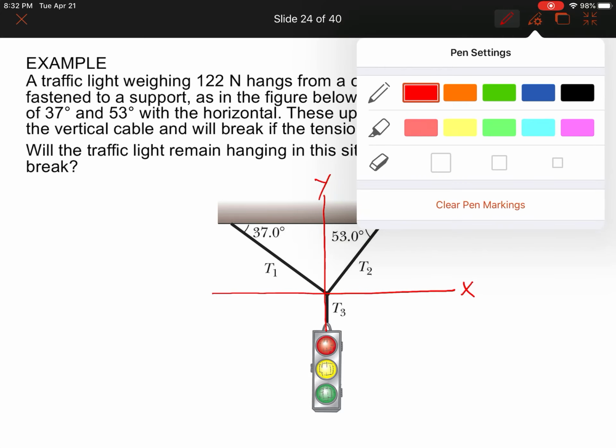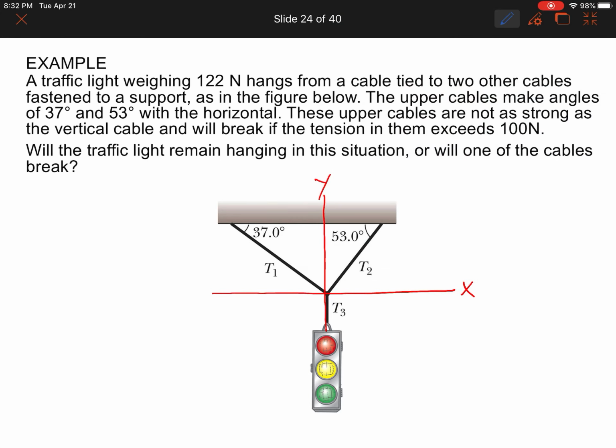Now we can look into each one. Let's look into the x-axis. For T1, T1x is heading toward the negative x-axis, and T2x is heading toward the positive x-axis.